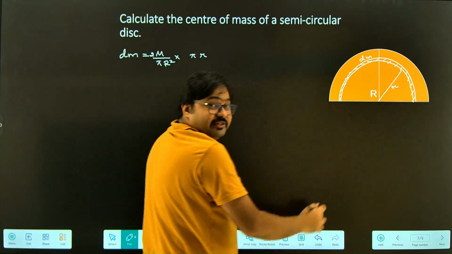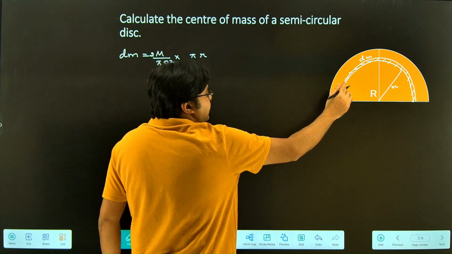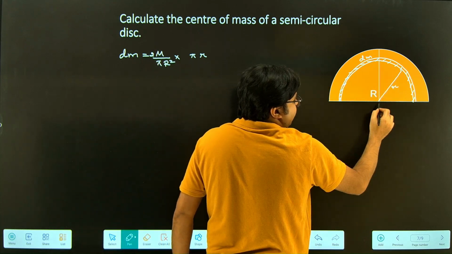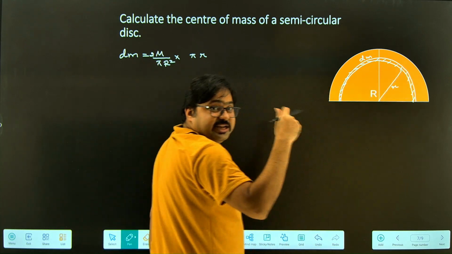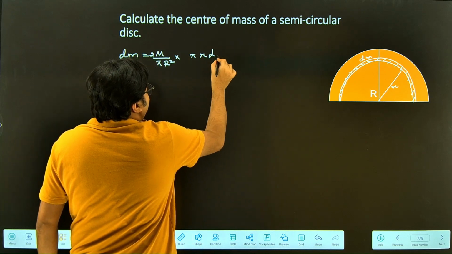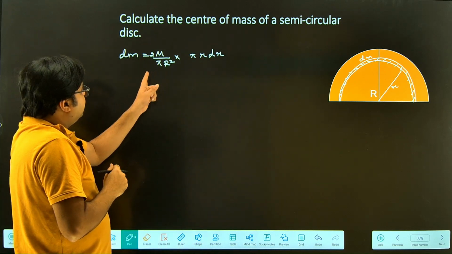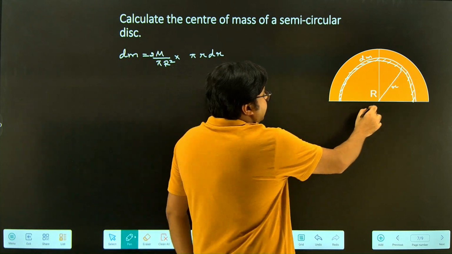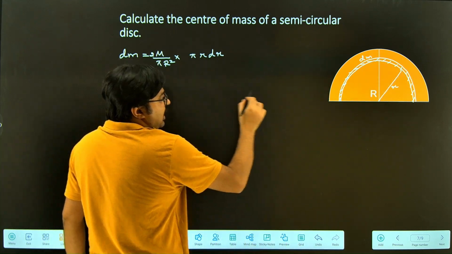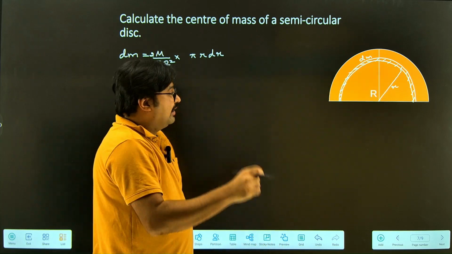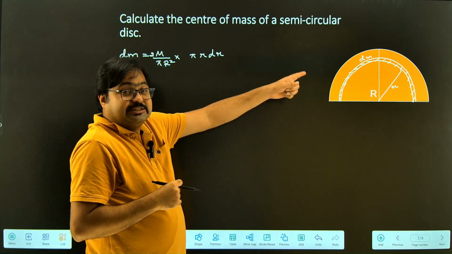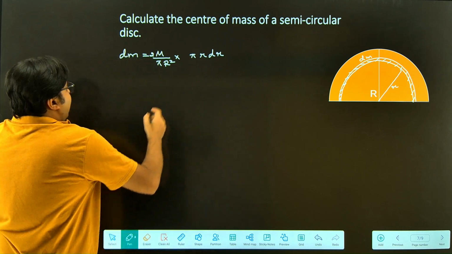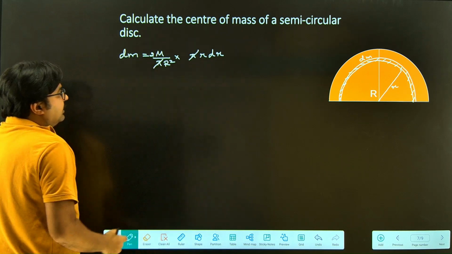That becomes the length of the rectangle, multiplied by the breadth. If from here to here it's r, one step ahead it's dr. So we have 2m divided by pi r square. This r is the actual radius of the disk, and this small r is the radius of the elemental ring that's a part of that disk. So having said that, we have pi and pi getting cancelled.